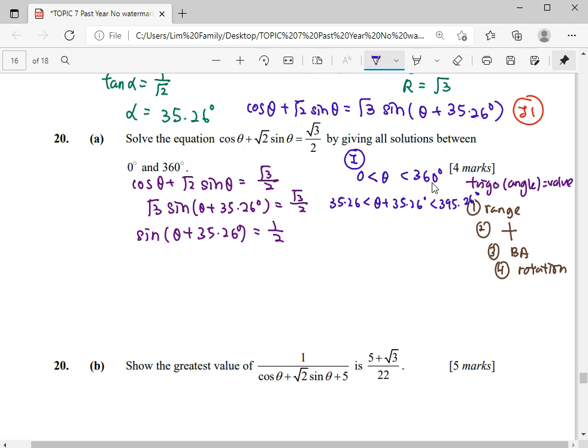That will be our range, meaning our answer later on we need to select between 35 something until 395 something, which starts from quadrant 1 a bit, until one round and after one round. 360 means one round already.